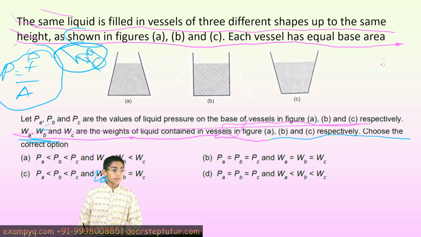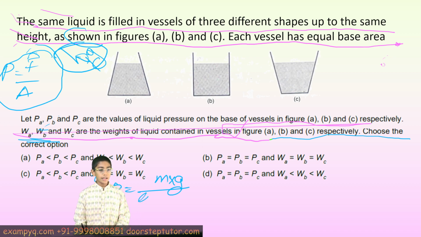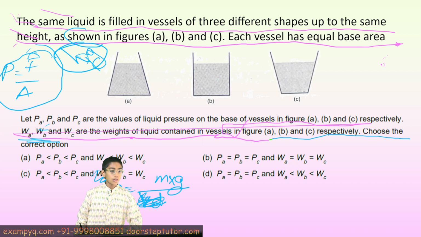So we write pressure is equal to mass into acceleration due to gravity, and the area is volume upon height.